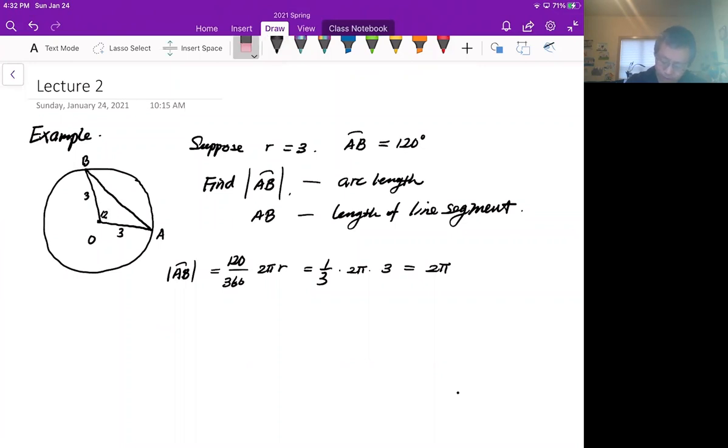Okay, let me just draw from here. I want to draw something, because OAB is an isosceles triangle, right? And then you can draw the altitude to the base AB, or you can draw the median, or you can draw the angle bisector. They're all the same, right?